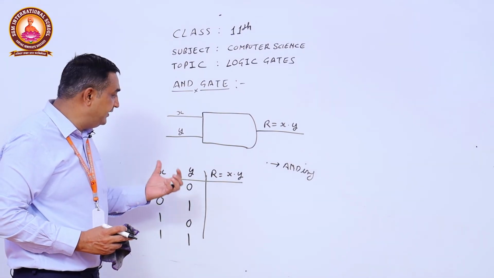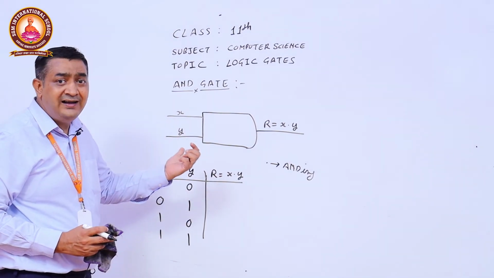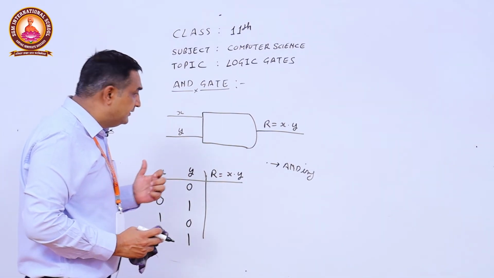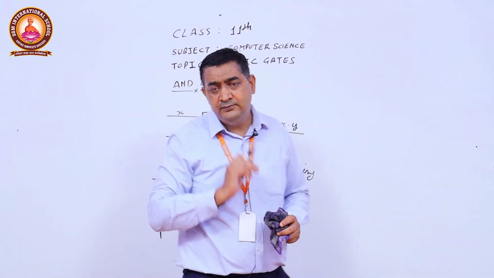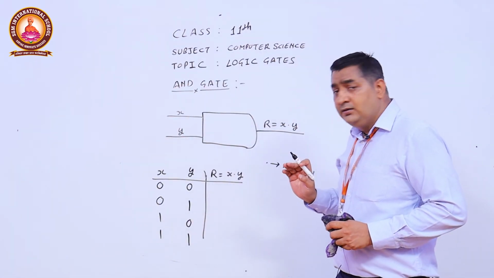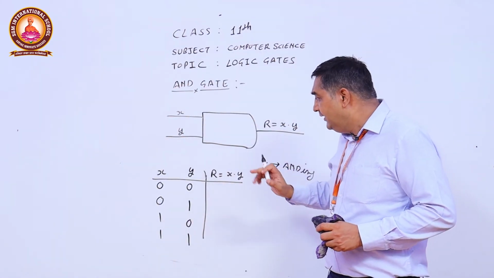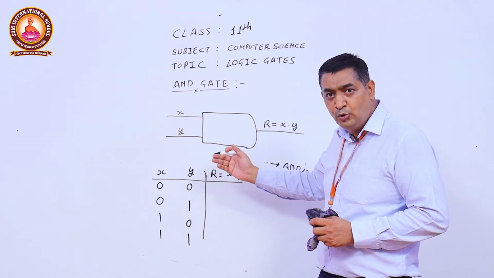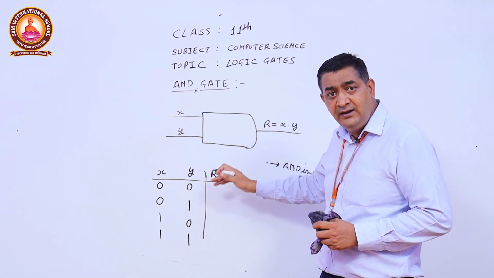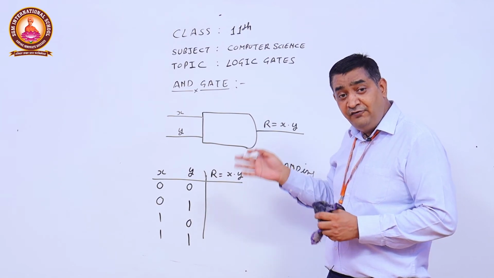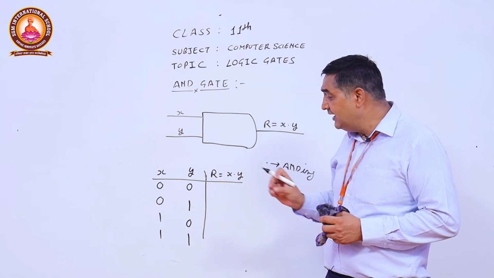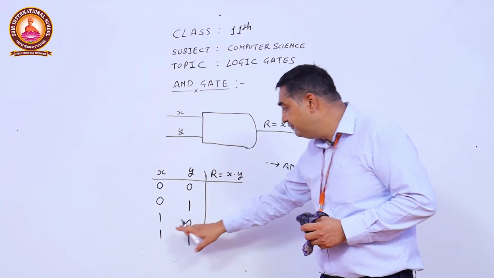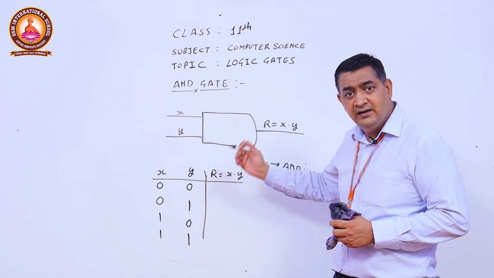I am going to explain how to get the output of the AND gate. For this gate there is one rule. For the AND gate, if any input is 0, 0 meaning low voltage, the output will be low. If all inputs are high, high meaning 1, then the output will be high.